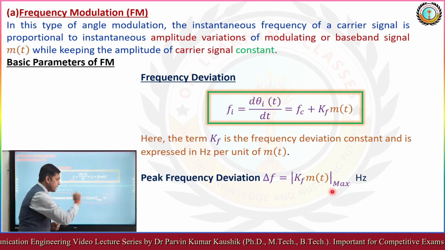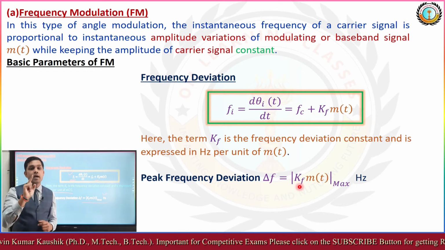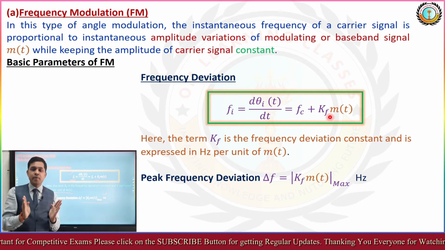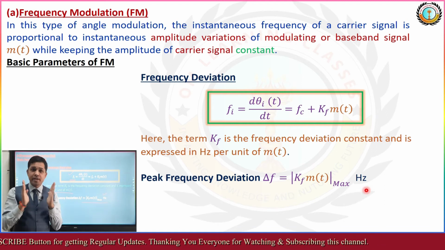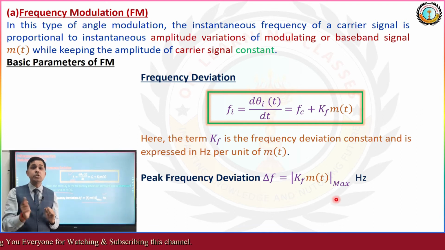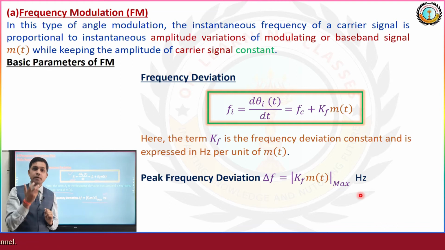When its unit is in hertz, then that is equivalent to kf into m(t). So this is all about the first parameter of frequency modulated signal, that is frequency deviation and peak frequency deviation. And I consider both cases for getting the exact difference between the unit of radian or hertz.